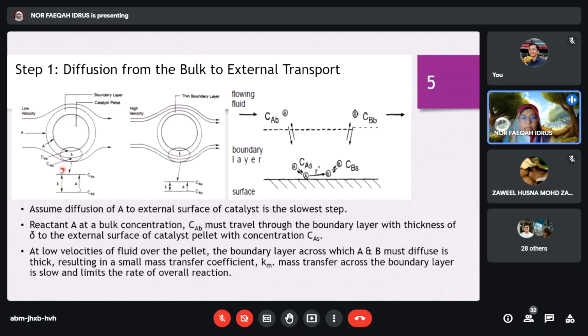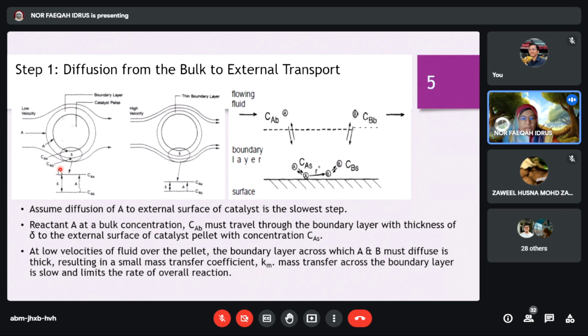So why is the thickness of this boundary layer very thick? Because of the low velocity of bulk fluid. At low velocity of bulk fluid over the catalyst pellet, the boundary layer across which reactant A and product B must diffuse is thick, resulting in a small mass transfer coefficient.